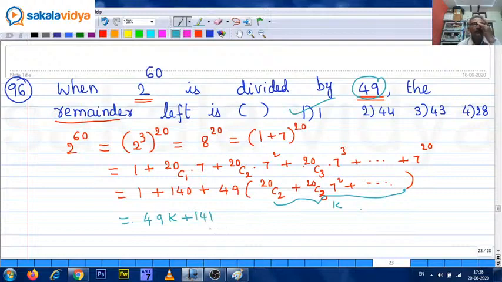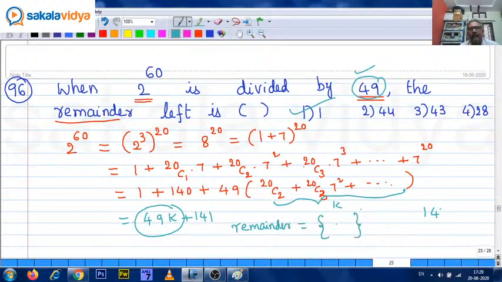You need to divide now. 141 divided by 49, because this 49k is exactly divisible by 49. In the previous case already we have done it, the remainder is what we need to write. So now divide 141 by 49, whatever remainder you get.